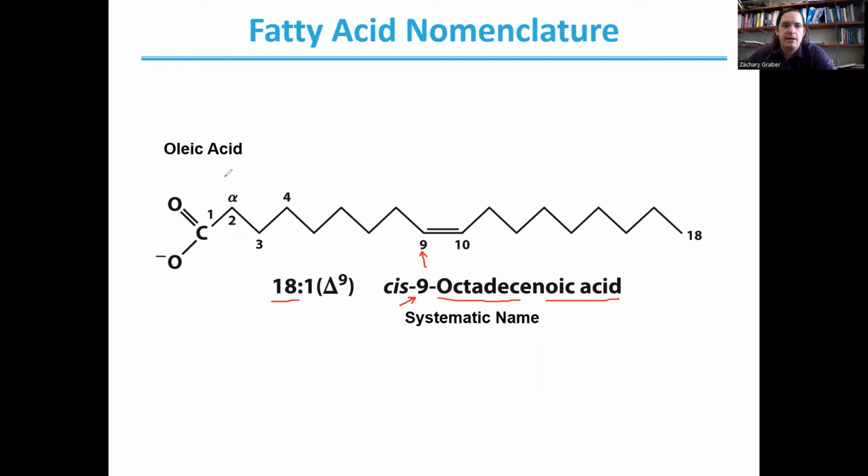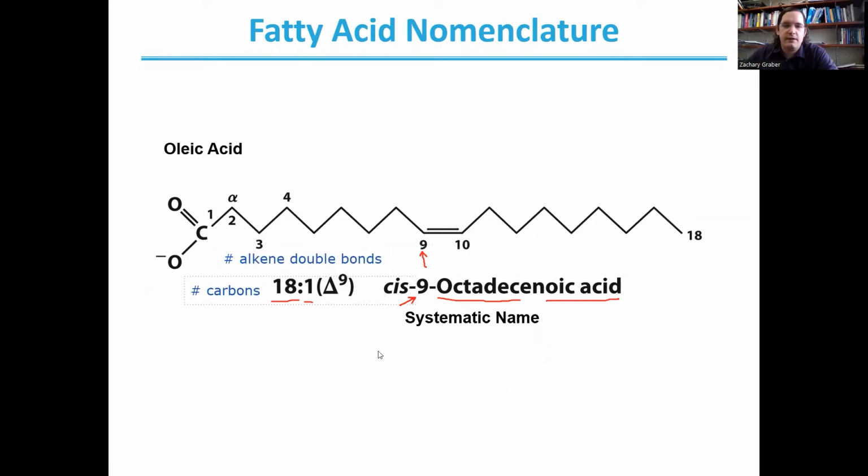So our first number indicates the number of carbons here. So we have an 18-carbon fatty acid. The second number here indicates the number of alkene double bonds. So this is a monounsaturated fatty acid.